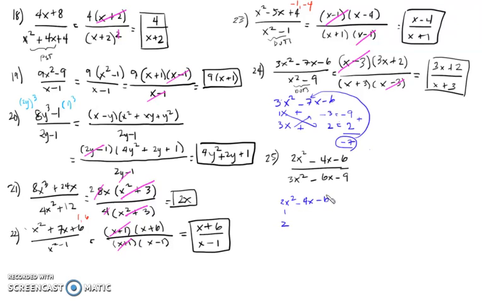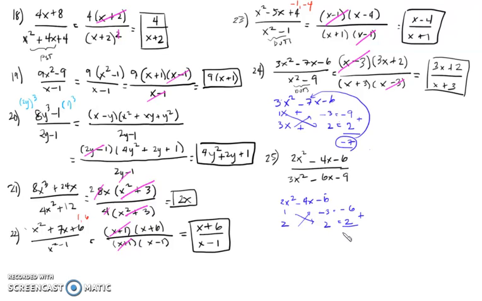I need to look for the factors of negative 6 that give me negative 4. If I use negative 3 and 2, once I cross multiply, this gives me 2, and the other cross multiplication gives me negative 6.